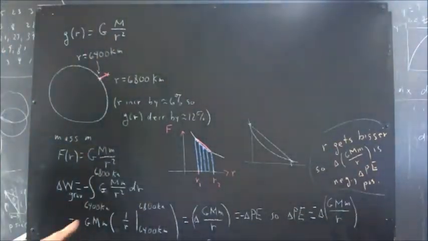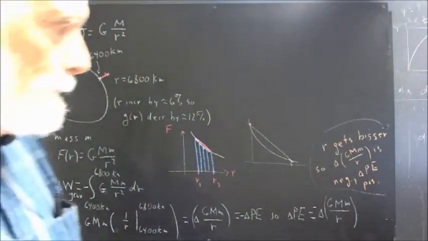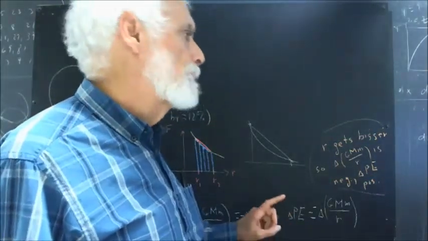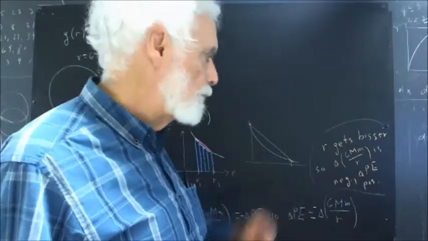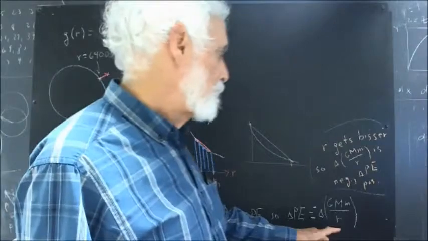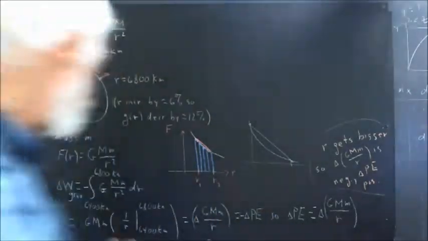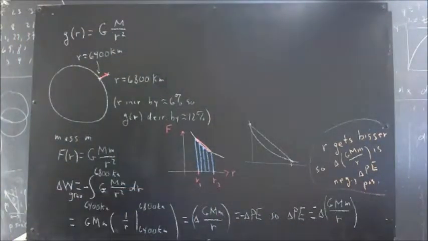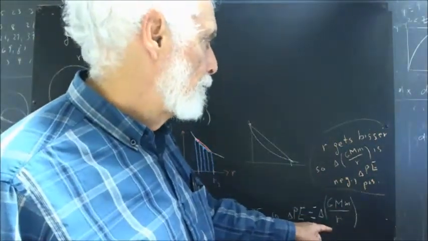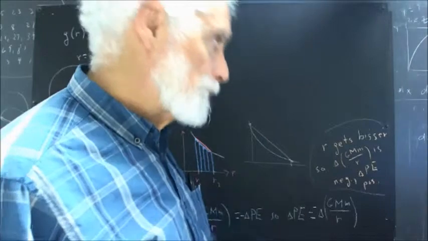Now, where does that leave us? Well, the change in potential energy should be positive, but it looks like it's negative. But it's really not negative because, why? Because R is getting bigger. We're going from 6,400 to 6,800 kilometers, and as R gets bigger, what happens to this expression? Well, it gets smaller.